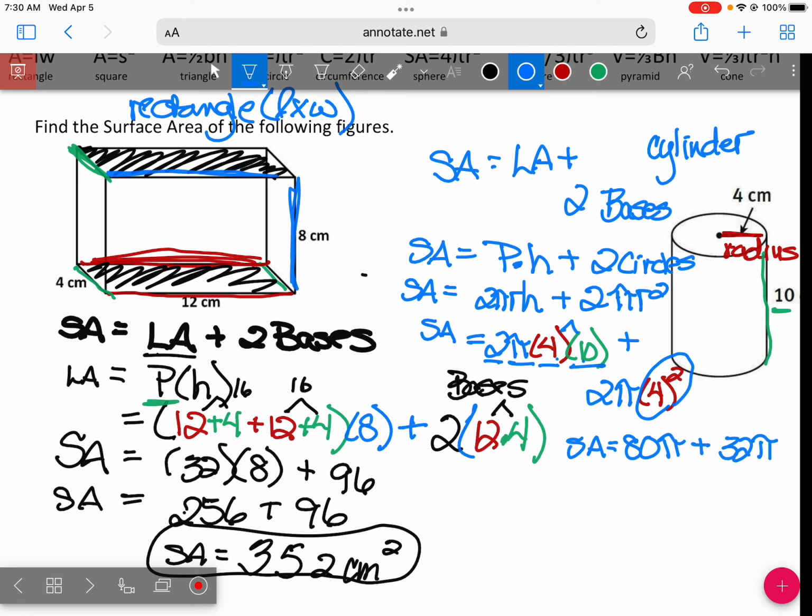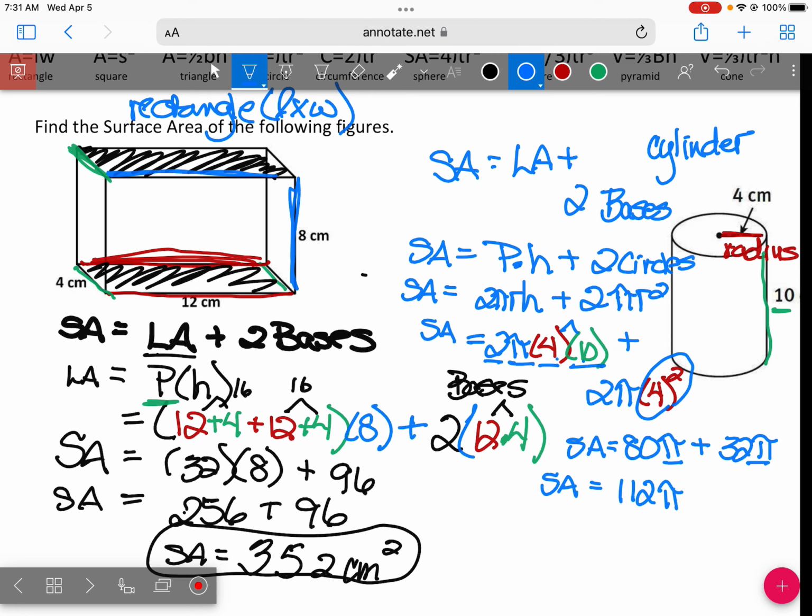I like to leave it in terms of pi first. And 80 pi plus 32 pi, this pi is like a variable right now, and that is going to be 112 pi.